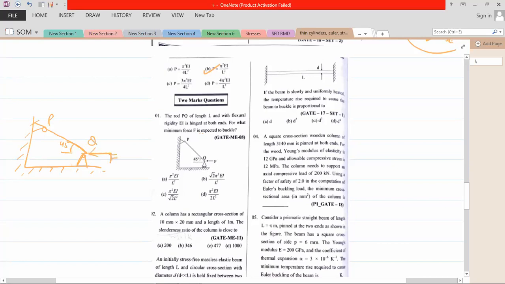Now what it is given is what is the minimum? First of all, the buckling is caused by this force. Okay, suppose this force, that is F1. So you need to resolve this force along this direction. So this is 45. So any component, if you take this F, the same F, so it will be here. You can say F cos 45 around this direction, and around this direction it will be F sin 45.